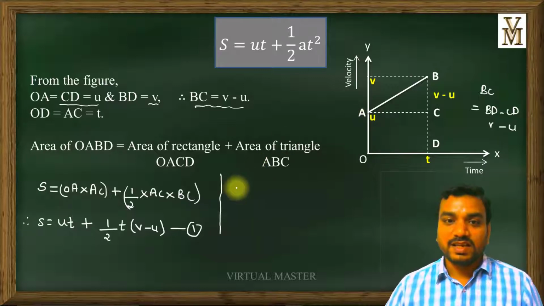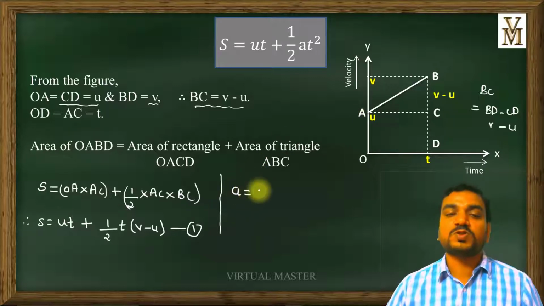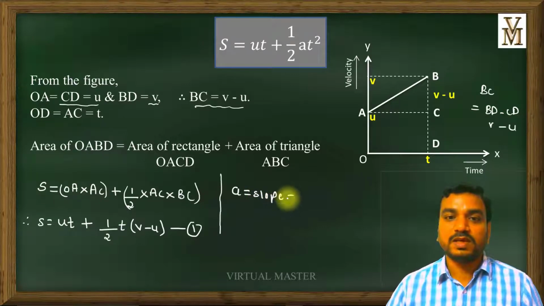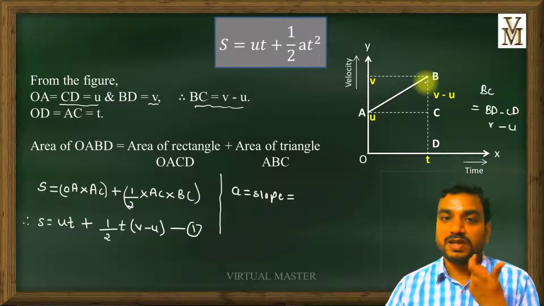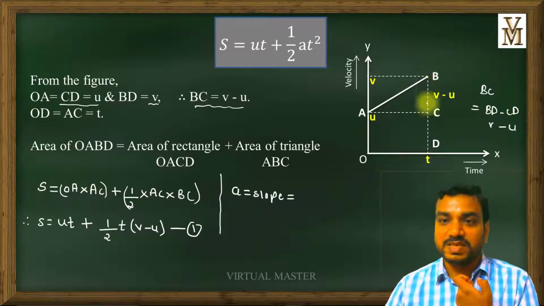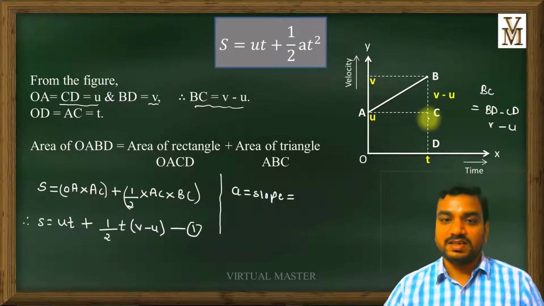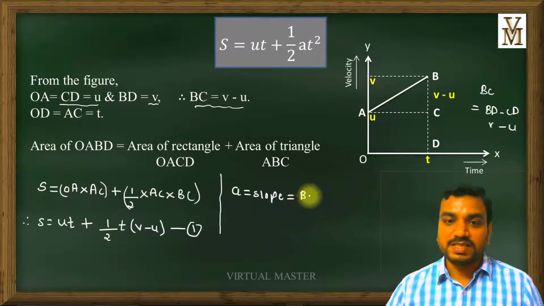So acceleration A equals the slope of the curve, slope of AB. And what will be the slope of AB? It will be equal to tan theta, right? Tan theta is equal to opposite by adjacent, that is BC divided by AC. So I can write BC divided by AC.